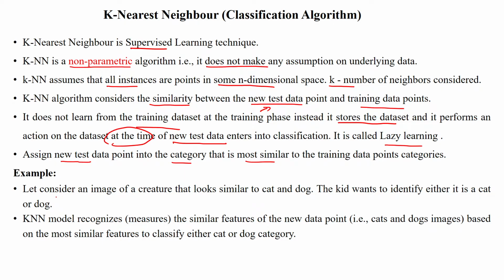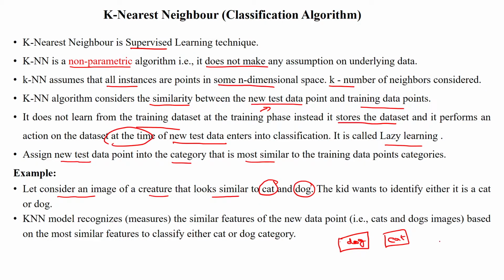For example, let's consider an image of a creature that looks similar to a cat and a dog. We take images: one picture has a dog and another picture has a cat. Then these are all training samples.